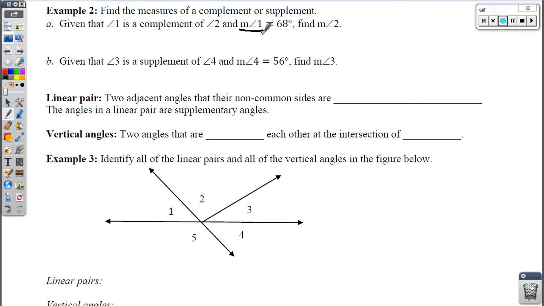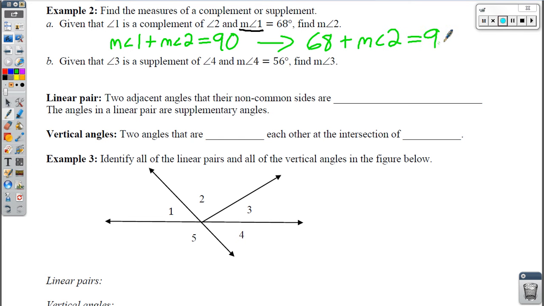Well, there's a couple ways you can think of this. One way you could think of it is that the measure of angle 1 plus the measure of angle 2 has got to equal 90 degrees. Well, we know the measure of angle 1, it's 68. So if we add to that the measure of angle 2, we get 90. Well, we could solve this equation then for the measure of angle 2.